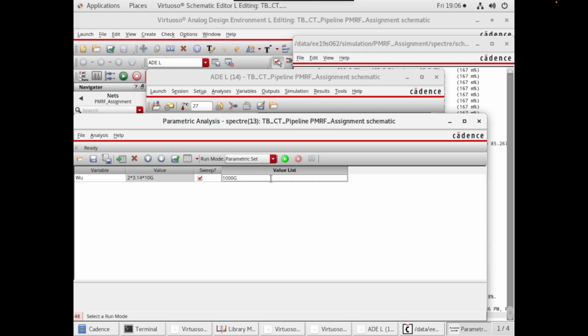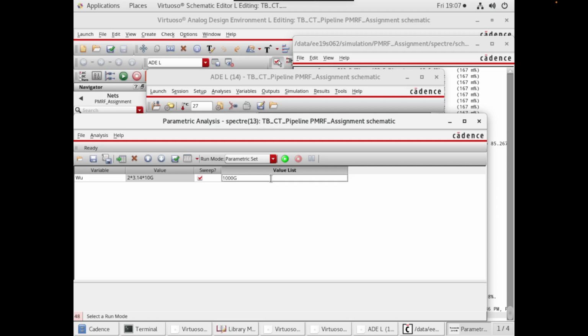So we had basically that the omega u of the op amp should be 2q times omega naught, that should be much greater than that. So for now, we will choose 10 times 2q times omega naught, and we will see. Our quality factor is 5.